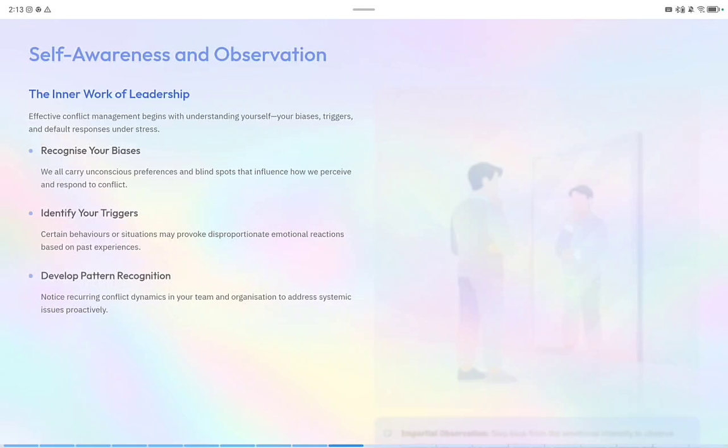If the same type of conflict consistently keeps repeating in the team or in the organization, it's extremely important for us to address that as a system issue and not as a one time issue and leaving it at that, because there could be a root cause that you have not observed yet.